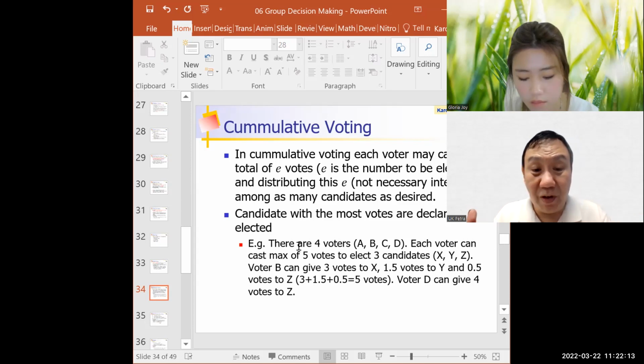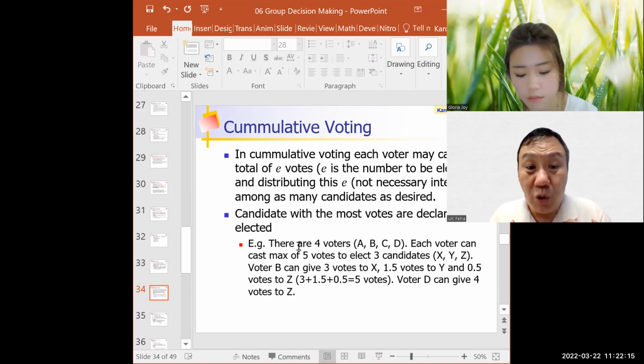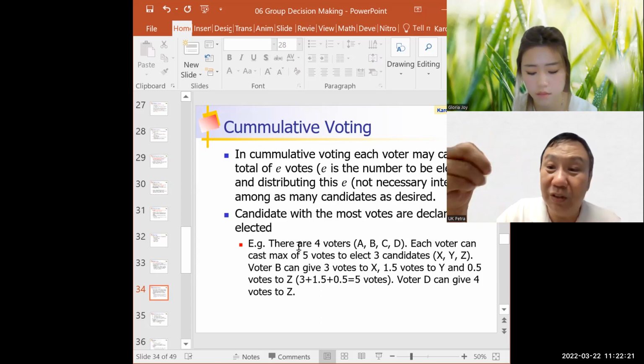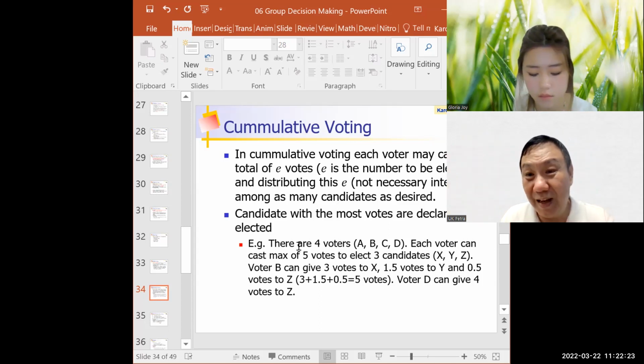Similarly, voter D, for example, will not use all his votes. He can use only, I give 4 votes to Z only, and so on.